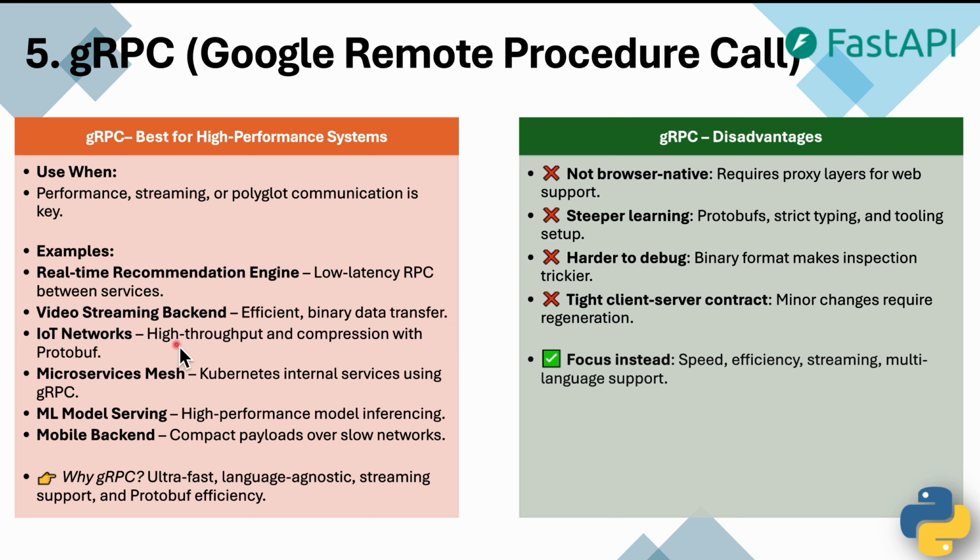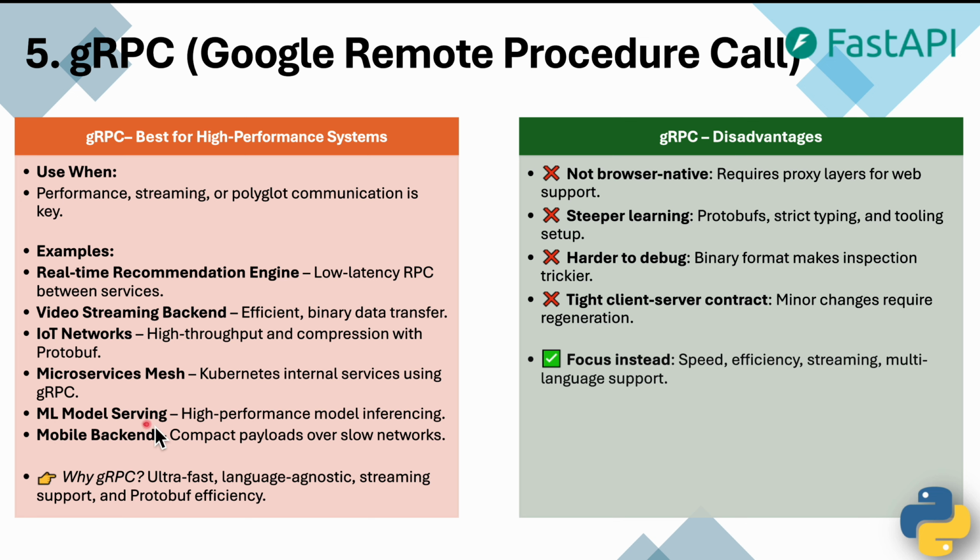IoT networks is one of the examples for gRPC. It provides high throughput in combination with protobuf. Microservices mesh: Kubernetes internal services use RPC. Most of the microservice meshes use gRPC, Google Remote Procedure Call.